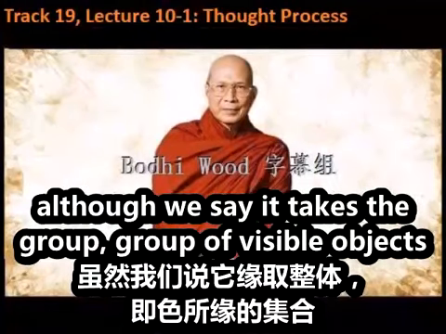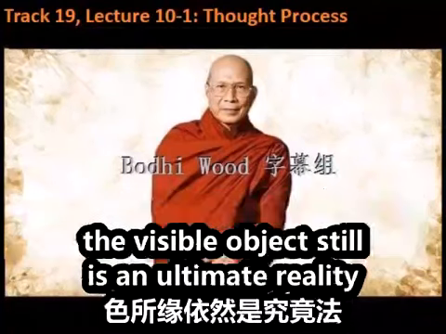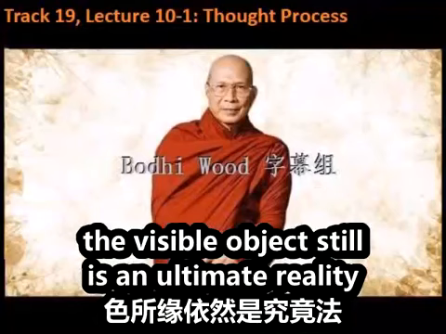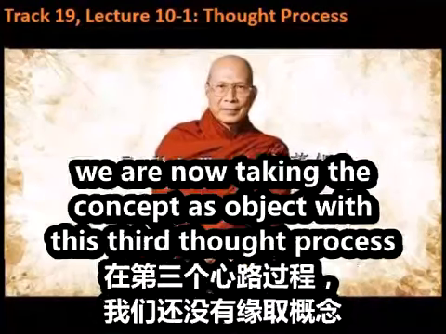Although we say it takes the group of visible objects, the visible object still is an ultimate reality. We are not taking the concept as object with this third thought process.